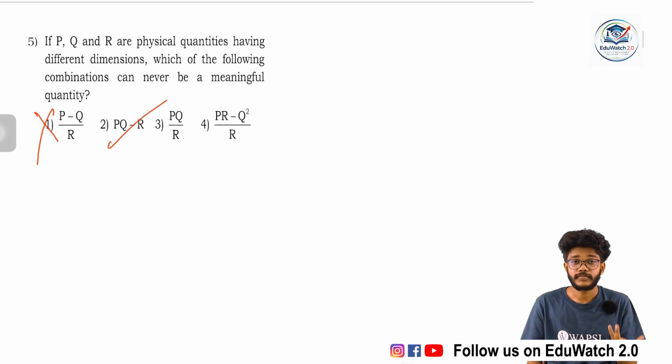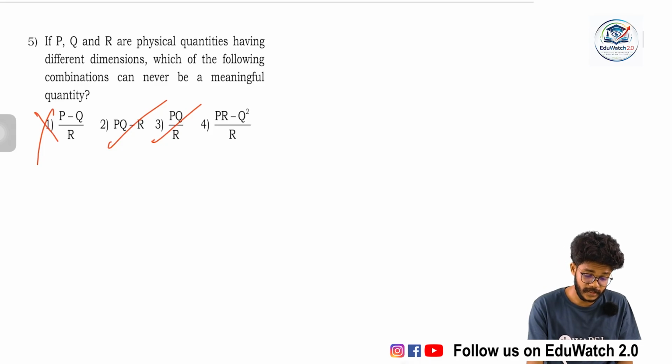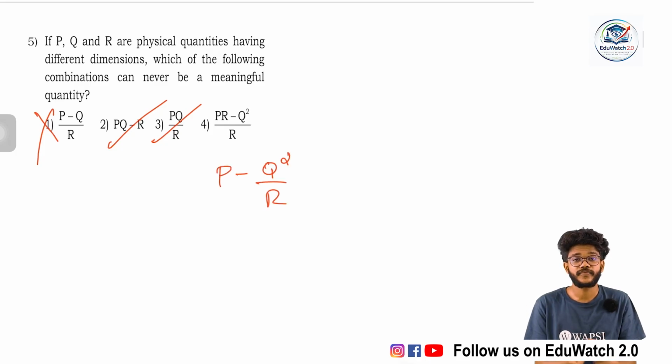PQ by R: same concept, PQ can be the dimension of R, so PQ by R is also correct. PR minus Q square: PR can be the dimension of Q square, so Q square by R can be the dimension of P. Then P can be subtracted from P itself, so option 4 is also correct.